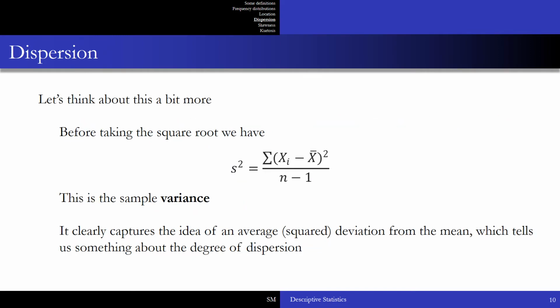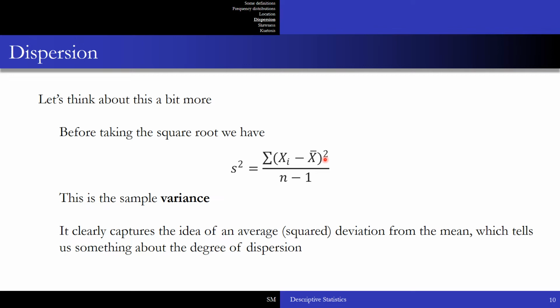Let's think about this a little more. Before taking the square root in the last step, we have essentially this expression here. Now, by convention, we denote this using the symbols s squared. S squared stands for the sample variance. Just to recap, we are subtracting the sample mean from each of our observed values.